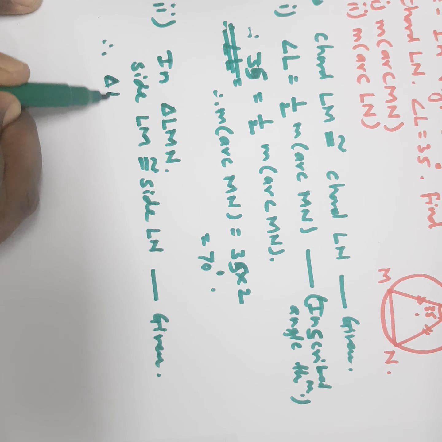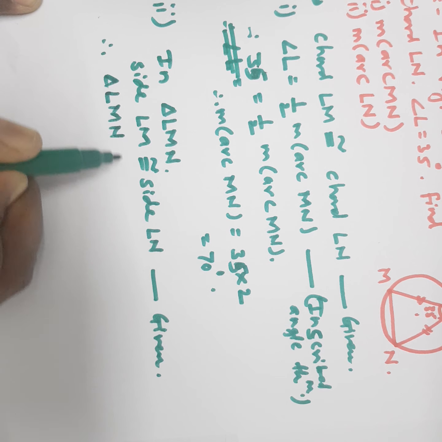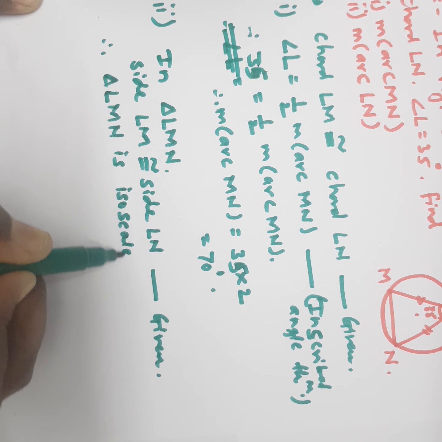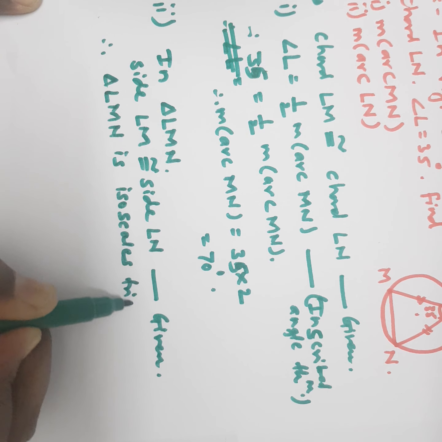Therefore triangle LMN is an isosceles triangle.